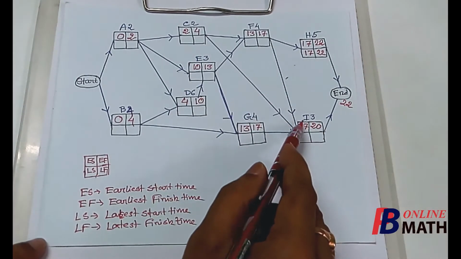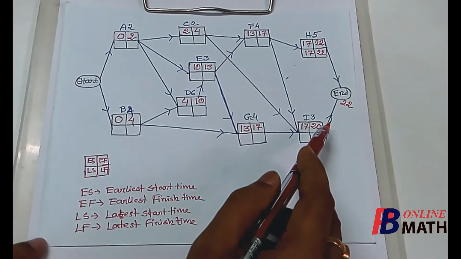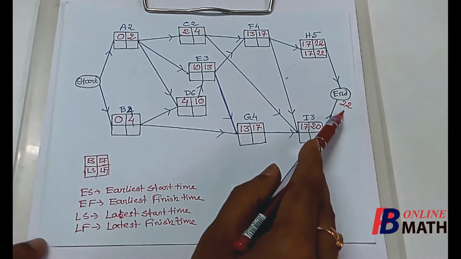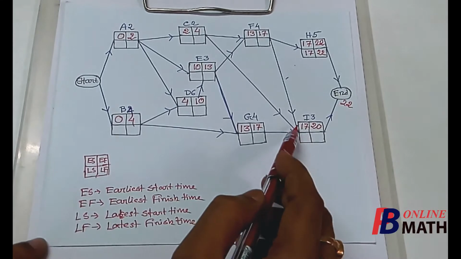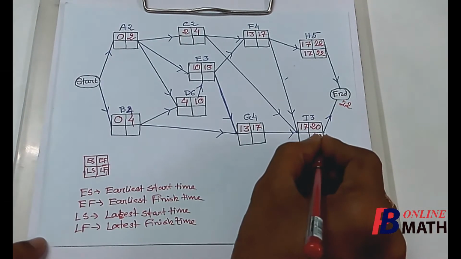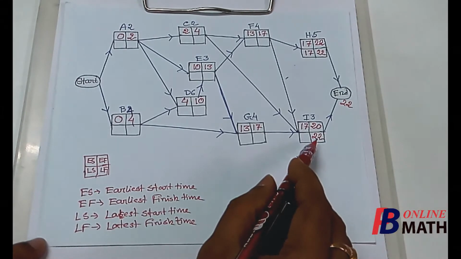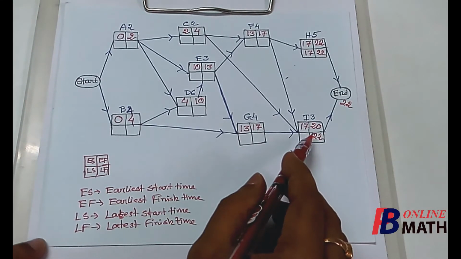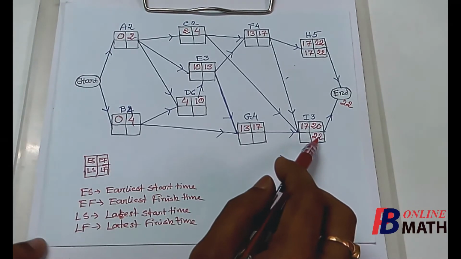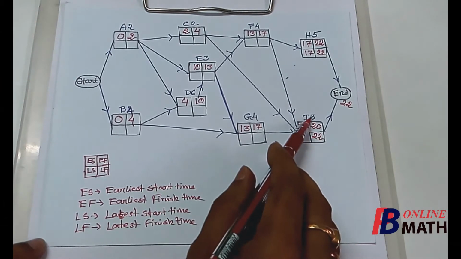If we consider the activity I, we find that the project must be completed within 22 days. So this activity must be completed latest by 22 days. So this is the latest finish time of the activity I. Now let us find the latest start time. Now here we find that the latest finish time is 22 days and it requires 3 days.